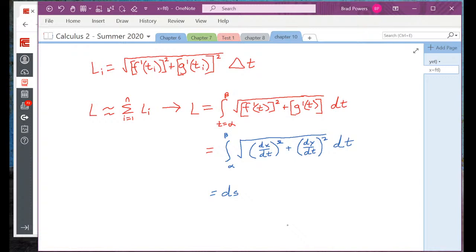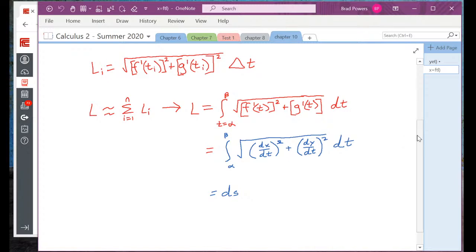I'm not going to do an example. I just wanted to show you that. But this does lead us to doing an area of a surface of revolution. Why not? We could still do an area of a surface of revolution. So why not show the surface area of a sphere of radius r?